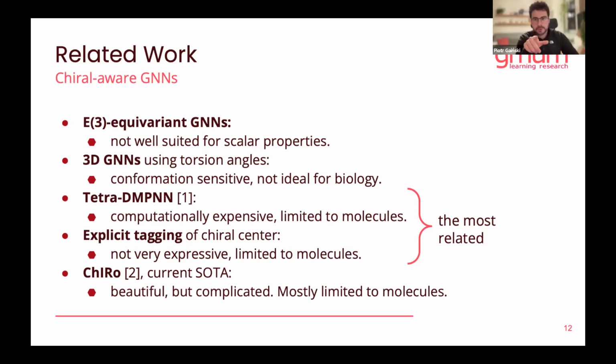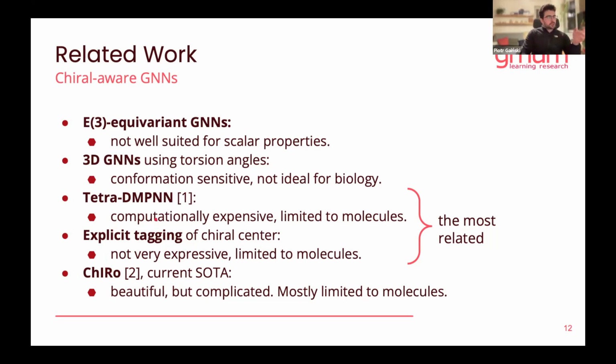I will talk about it a little bit later. This method, when you add a chiral flag, I call here explicit tagging of a chiral center, and it will be discussed in more detail, and then we can talk about why it's not sufficient. Perfect, ask me a question.